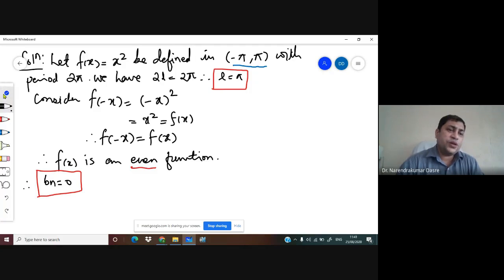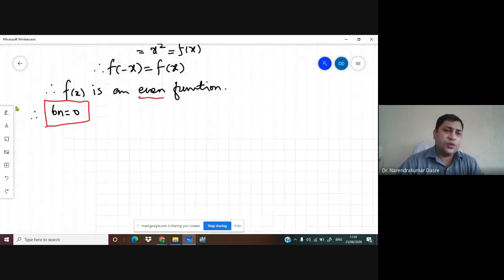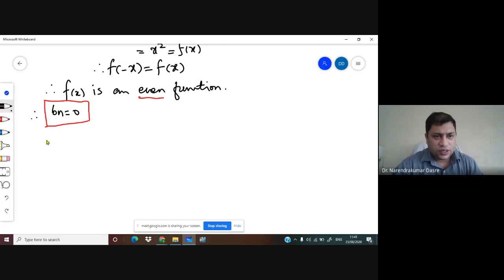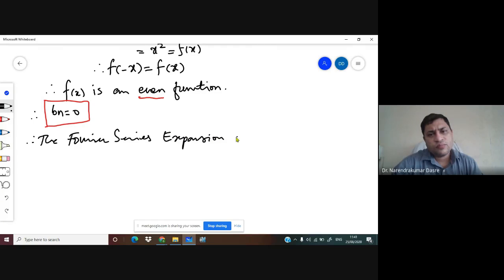And now once we know that bn is equal to 0, we are able to write down the Fourier series expansion of f of x.